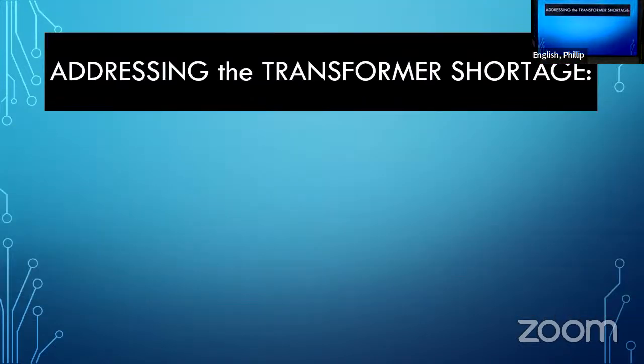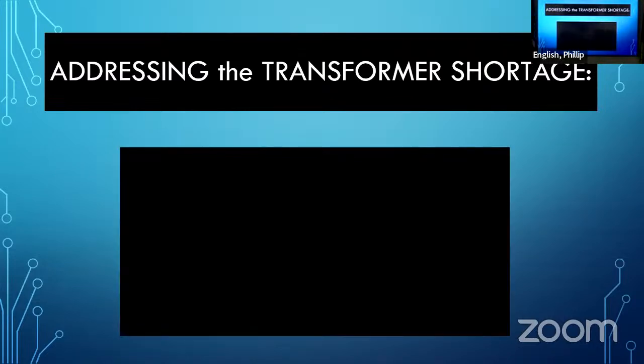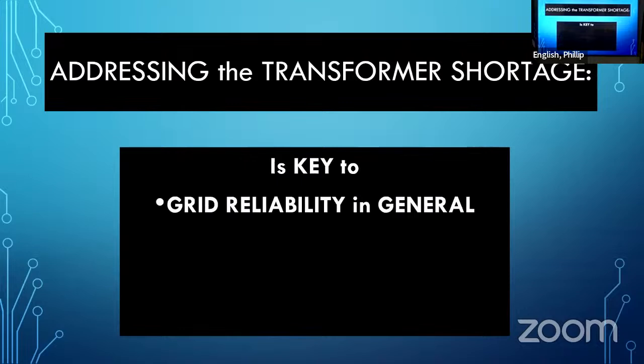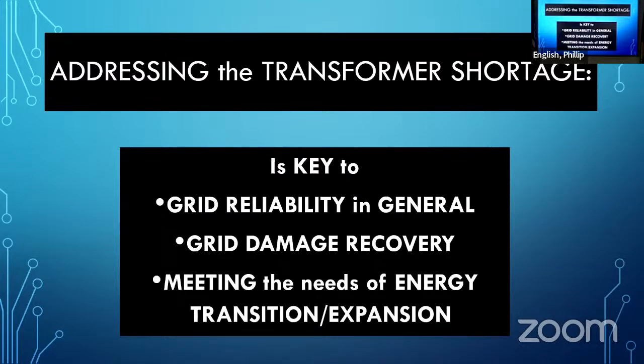Addressing the transformer shortage. This is key to grid reliability in general. It's key to grid damage recovery, and it's key to meeting the needs of energy transition and expansion.